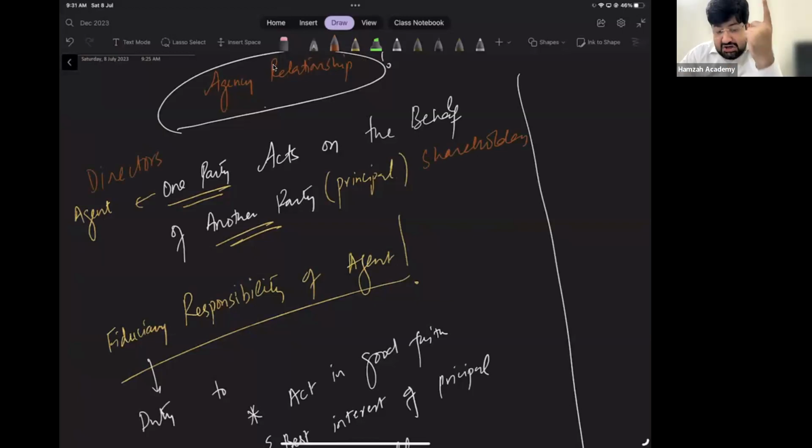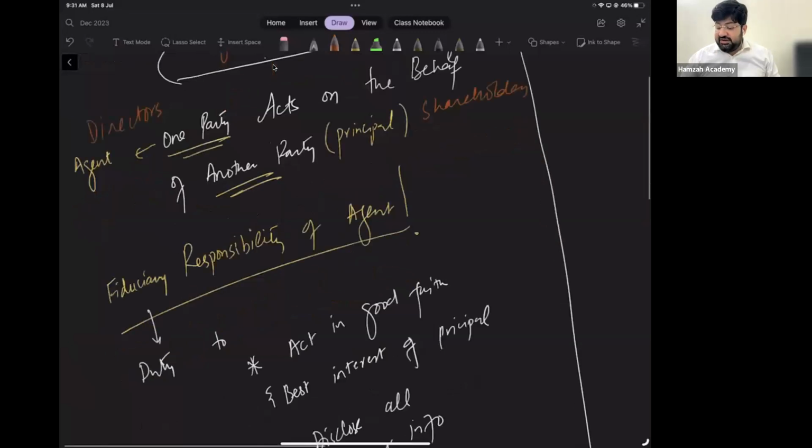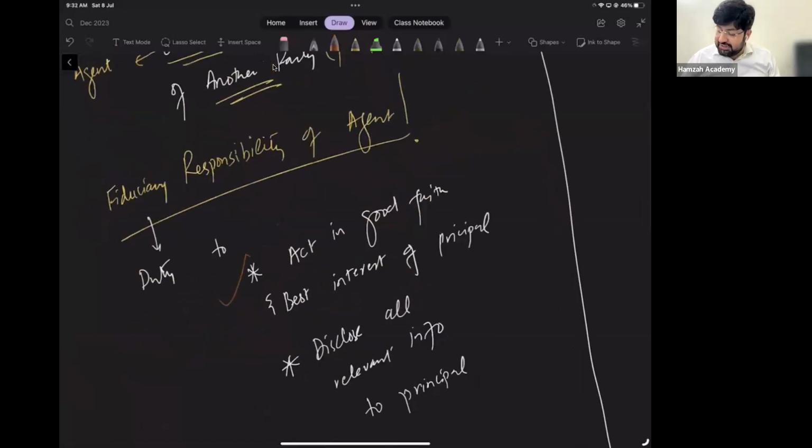They are agents of shareholders. Right? The money and the business are owned by the shareholders. But who is running the business? Directors. So directors have fiduciary responsibility.